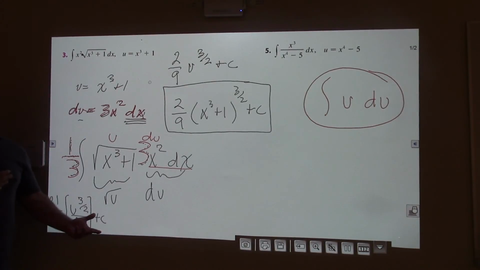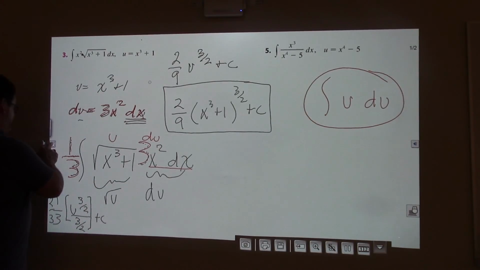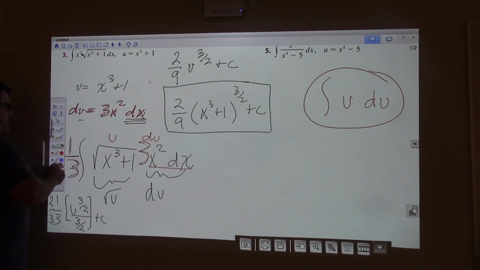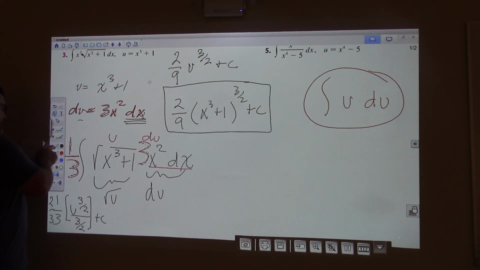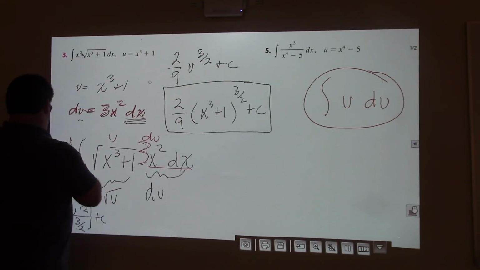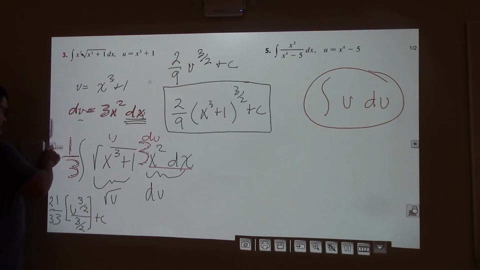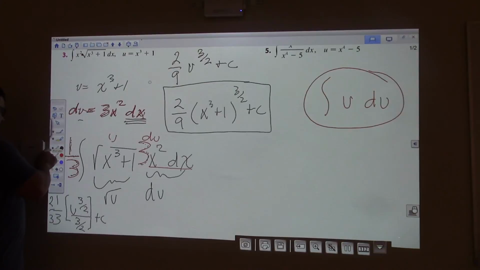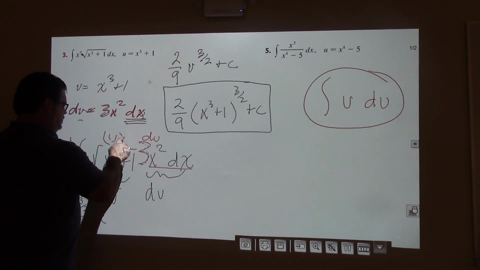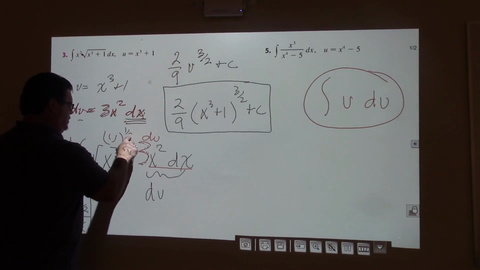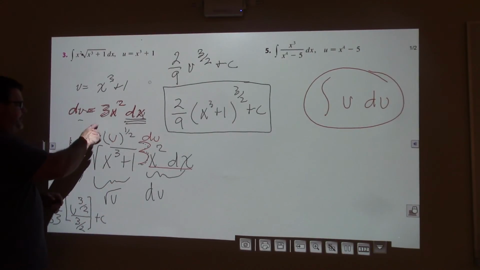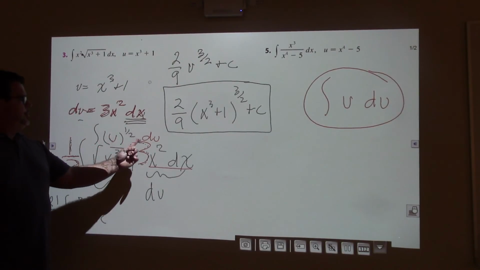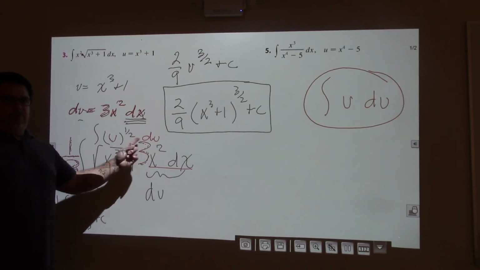Did y'all see how nice that worked? To the 1/2 power. So what do we have? We have the antiderivative of u to the 1/2 du.